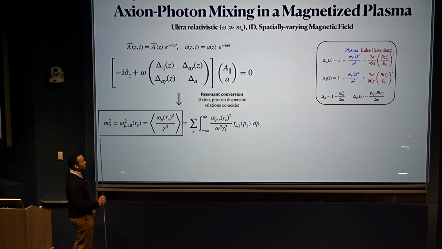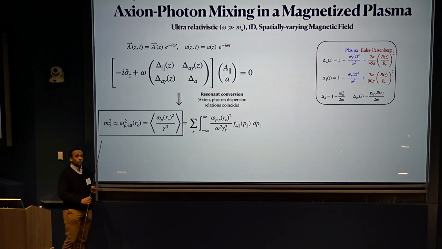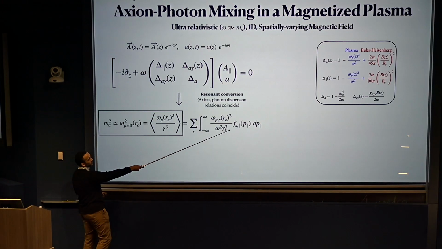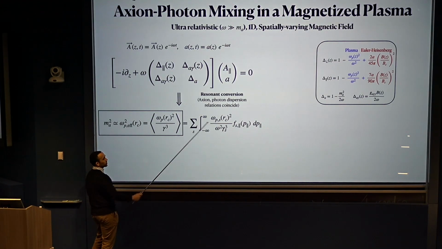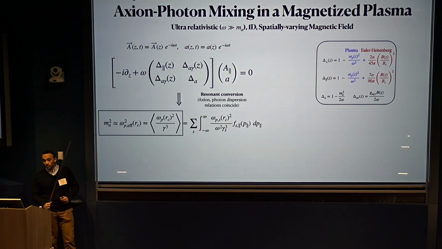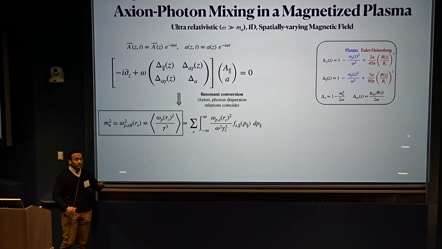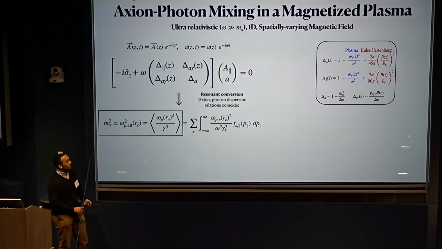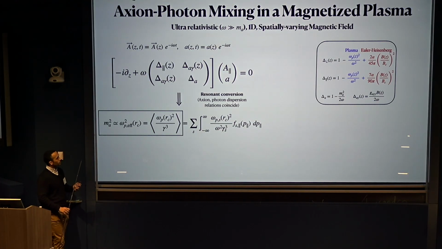And the plasma frequency is defined with respect to the full phase space information of the plasma. So that's shown by this distribution function here. And so to characterize the mixing of axions and photons in a magnetized plasma, we really need to have an understanding of what the actual plasma state is in this plasma.